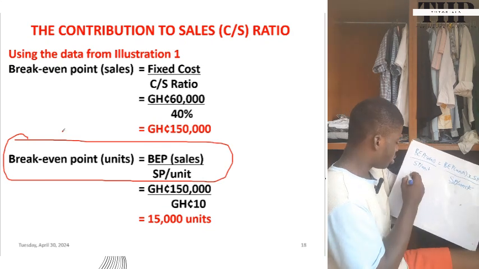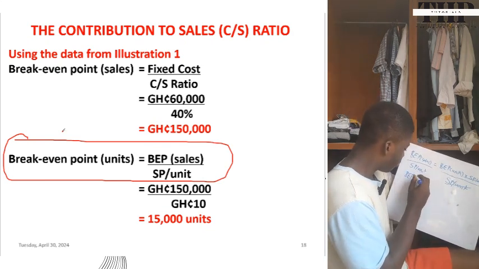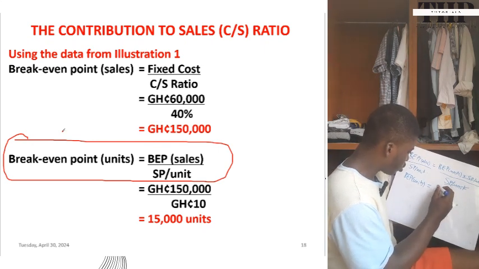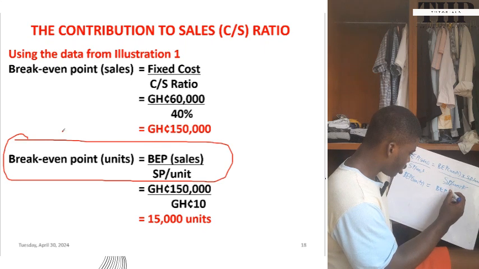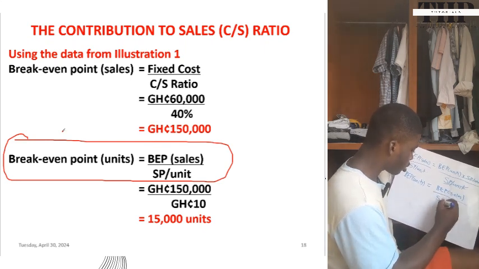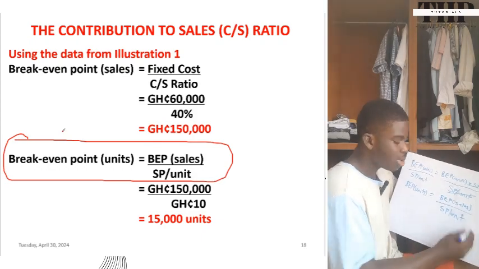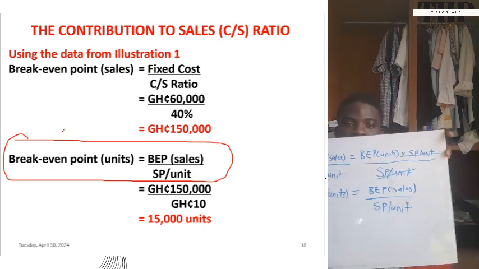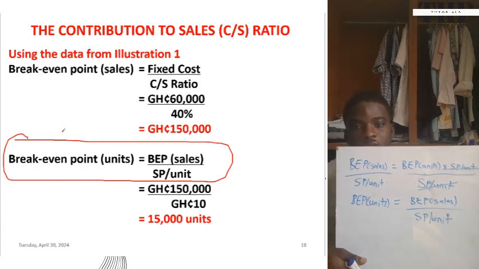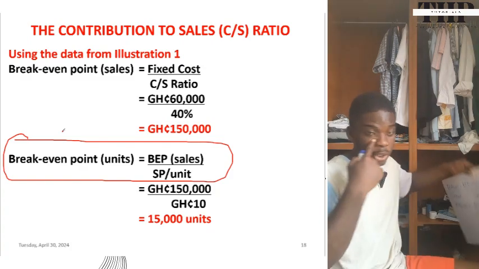So this gives me the break-even point in units is equal to the break-even point in sales over the selling price. That's just your basic change of subject, right? That's how you explain the figure in the question.